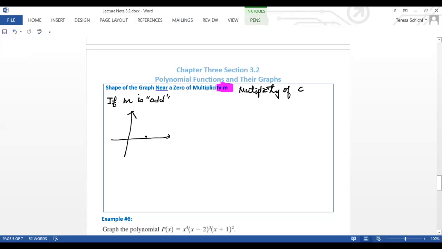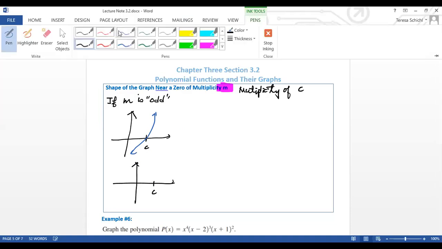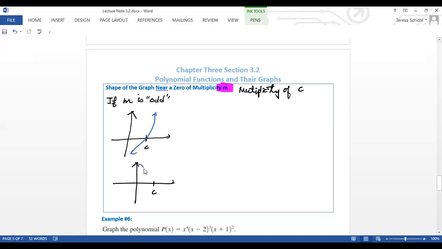So here, this is a C, right? That means your function has to pass through here. Of course it could be passing a different way, depending on your leading coefficient, right? So if this is C, and you have an odd multiplicity, then they have to pass.